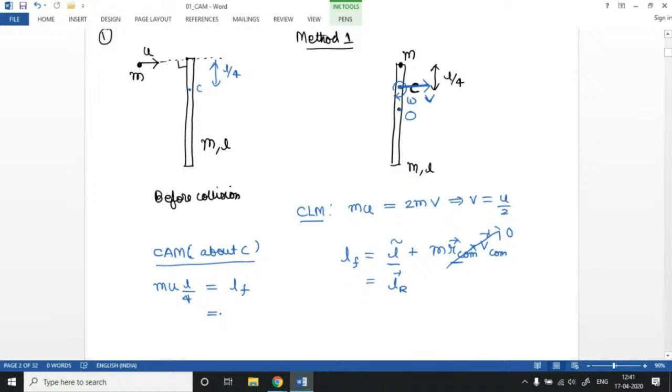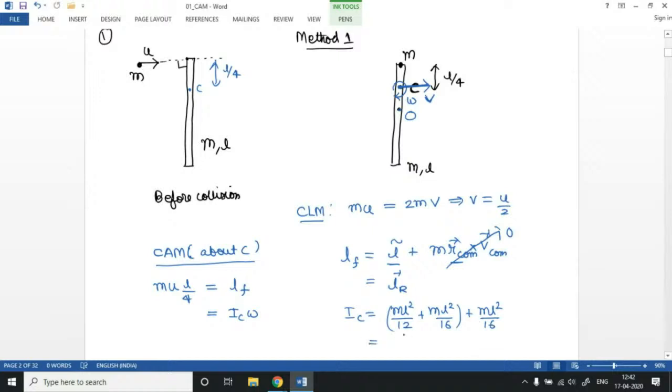So I, the moment of inertia of this rod-particle system about C, times omega, and I_C we can calculate. I_C would be the moment of inertia of this rod about point C, which according to the parallel axis theorem is ml square by 12 plus m times (l by 4) square, so that is 7ml square by 48. Similarly, the moment of inertia of the particle would be ml square by 16.